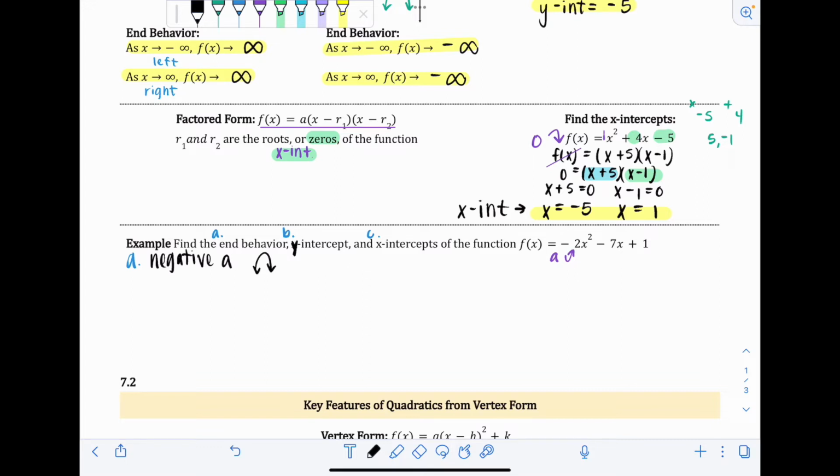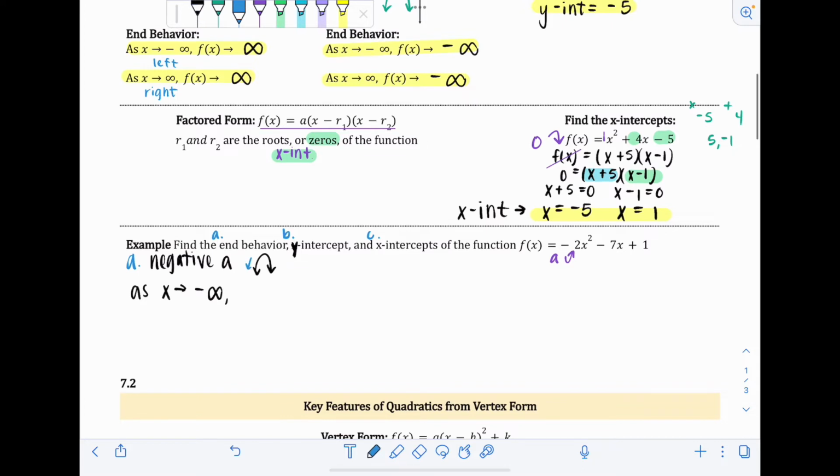So we would write our end behavior as x approaches -infinity. So that's the left side of the graph. You can see from our little sketch, the left side of the graph goes down. And whenever there's a negative A, both sides are going to go down. So as x approaches -infinity, f of x approaches -infinity also because it's going downward.